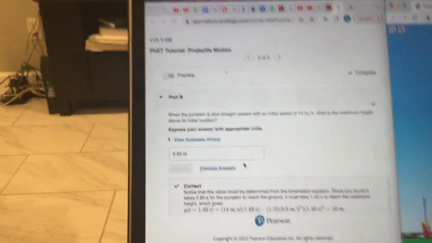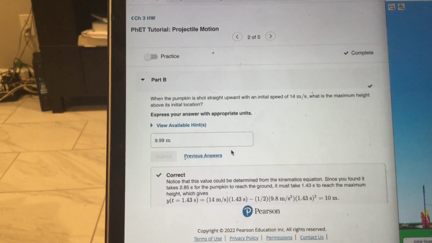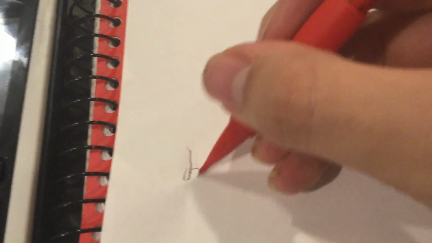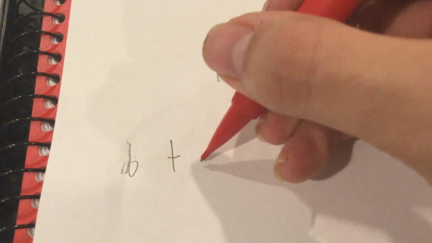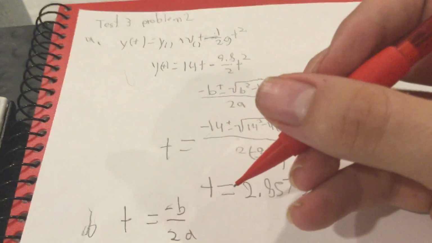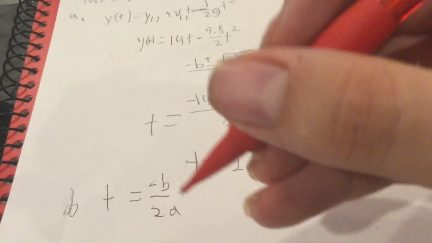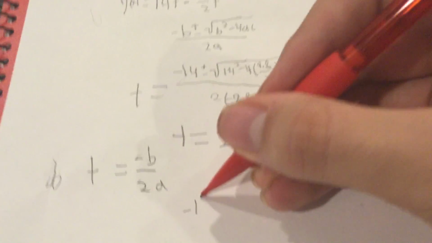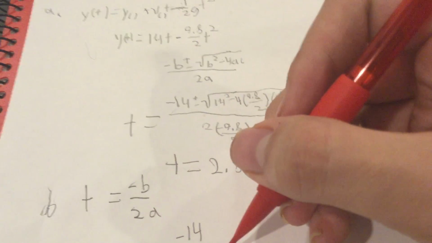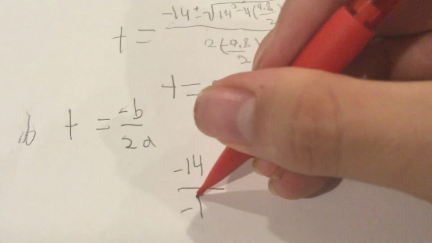When the pumpkin is shot straight upward with an initial speed of 14 meters per second, what is the maximum height above the initial location? Okay, part B. We can find the time for the maximum height by finding negative b over 2a. We know that b is equal to 14, so negative 14 over 2a, and a is negative 9.8 over 2, so 2a is just negative 9.8.